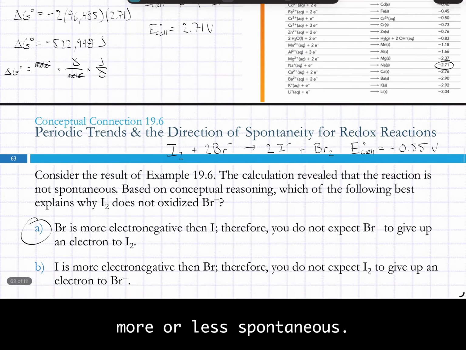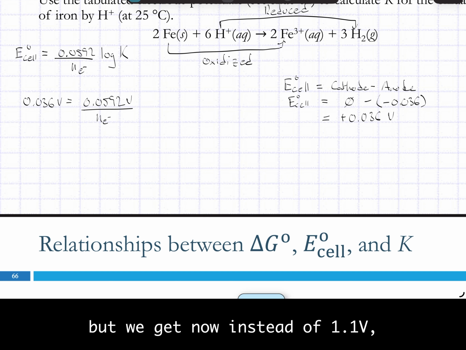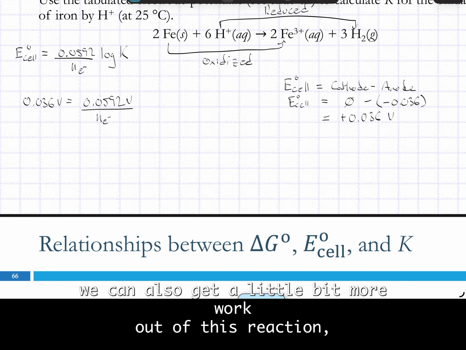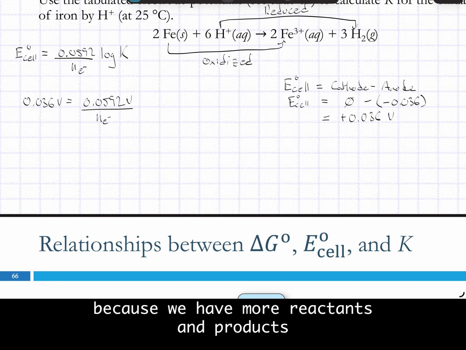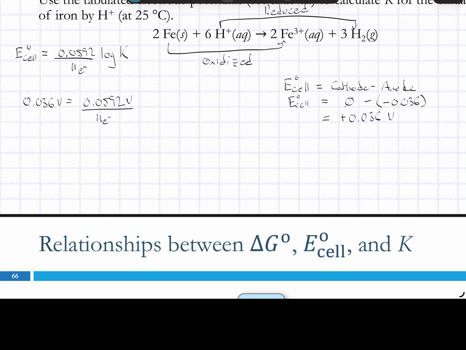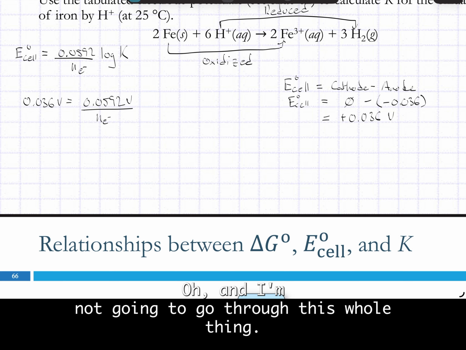Not by a ton, but instead of 1.1 volts, we get 1.17 volts. So that means we can also get a little bit more work out of this reaction because we have more reactants than products.